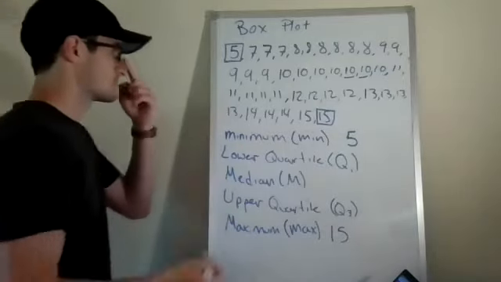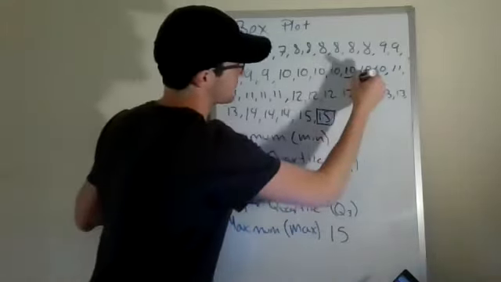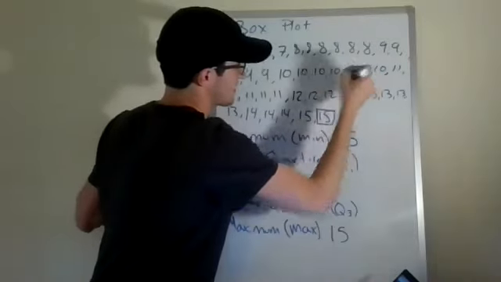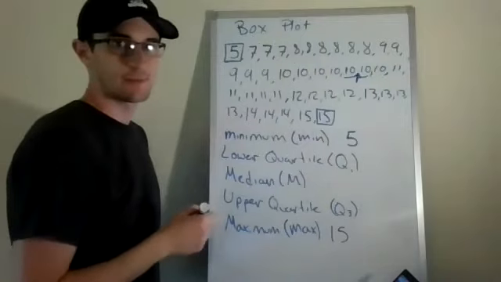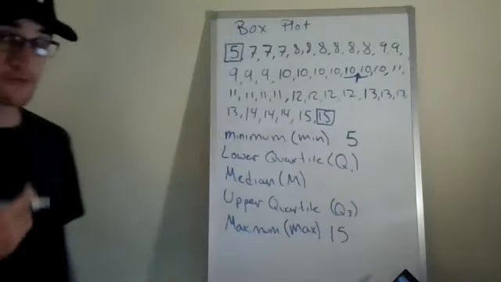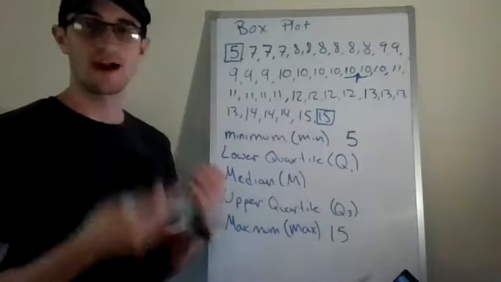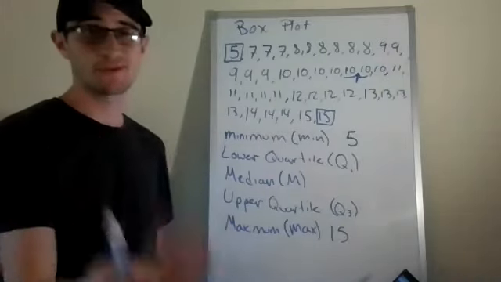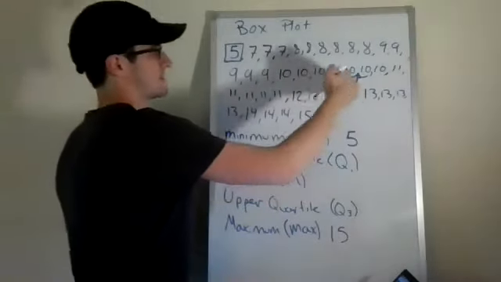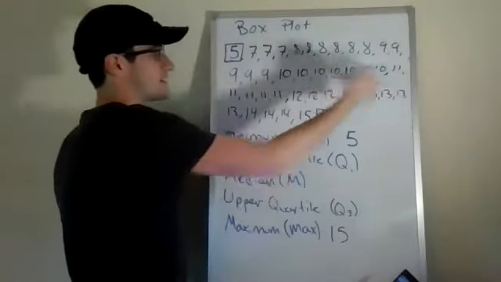The direct middle is right here, right in between those 2 tens. When you find what's in between those, you add them up and divide by 2. What's really good is if it's the same number both times, if it's 10 and 10, or 9 and 9, it's just that number.